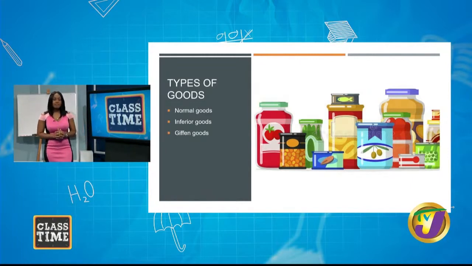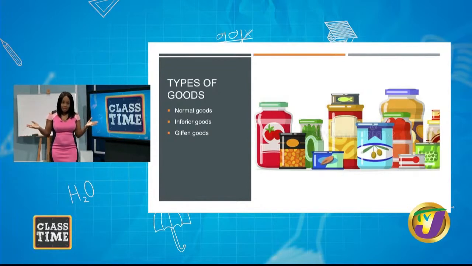If the inferior good is one that you use because you don't have a choice, it means that the consumer who experiences an increase in their income is likely to purchase less of the inferior good. So you used to get $500 for your lunch money. Then your parents say, hey, I'm going to give you $1,000 now.